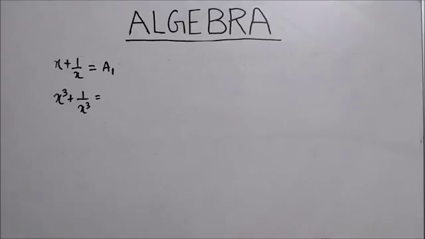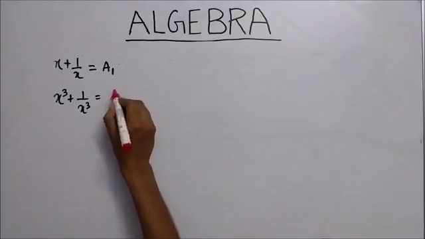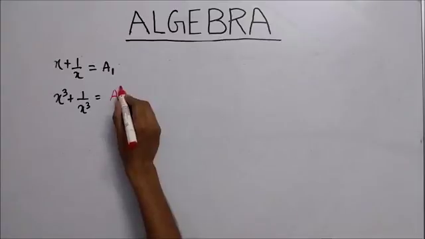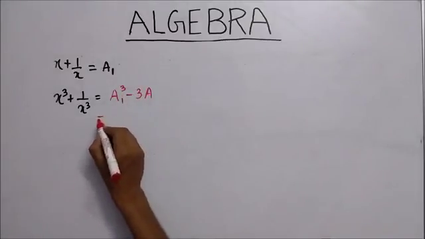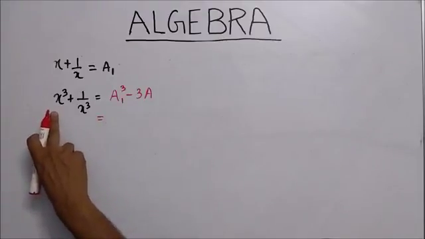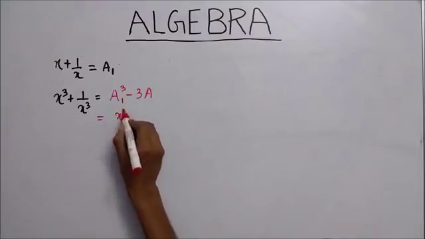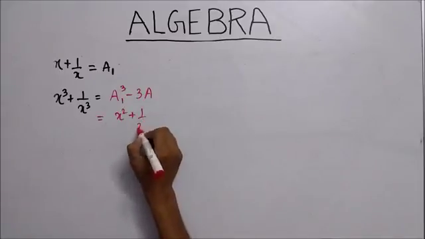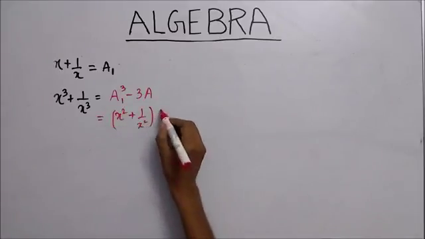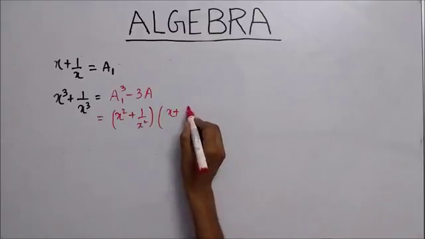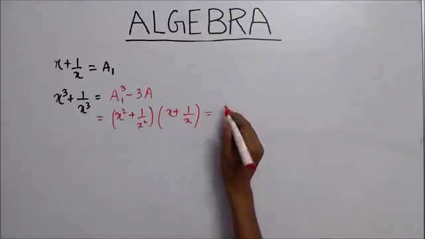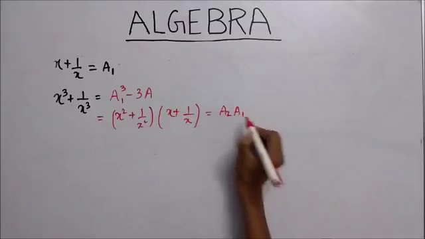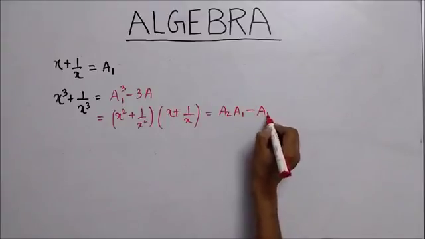The first method is a1 cube minus 3a1, and the second method is to split the power of 3 in the form of x square plus 1 upon x square multiplied by x plus 1 upon x, and you can rewrite this in this form: a2 into a1 minus a1.